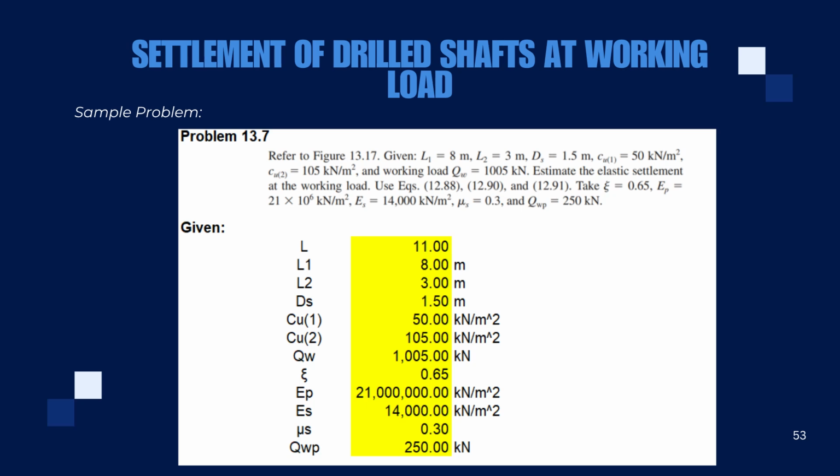Use equations 12.88, 12.90, and 12.91. Take epsilon equal to 0.65, Ep is 21 times 10 to the 6 kilonewton per meter squared, Es is 14,000 kilonewton per meter squared, mu s is 0.3, and Qwp is 250 kilonewton.